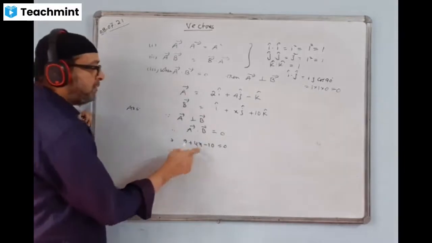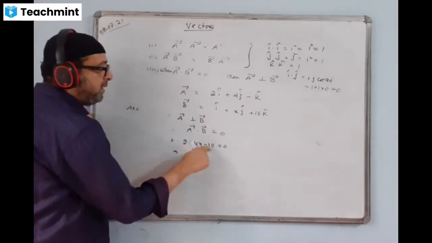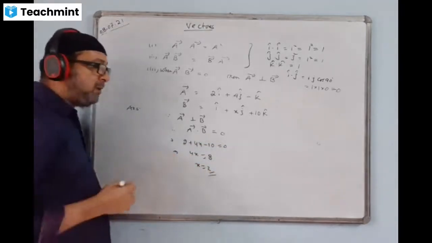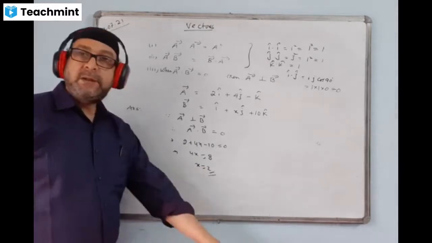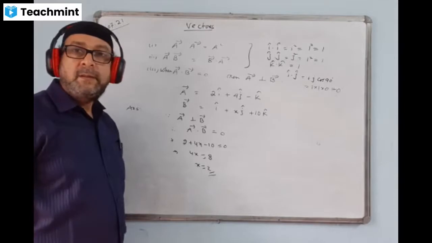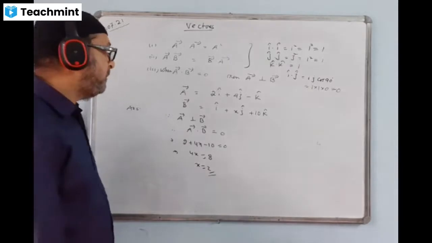Now I solve the equation, find the value of x. 4x will come here. 2 minus 10 is minus 8. It will go that side plus 8. Therefore x value is coming. So the unknown value we can find out. Hope it is clear. Understood? Yes, sir. Okay, good.